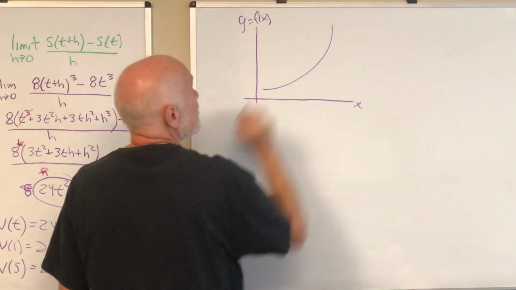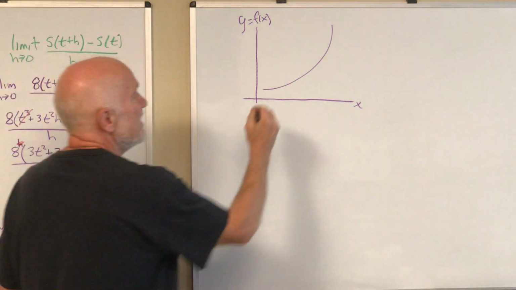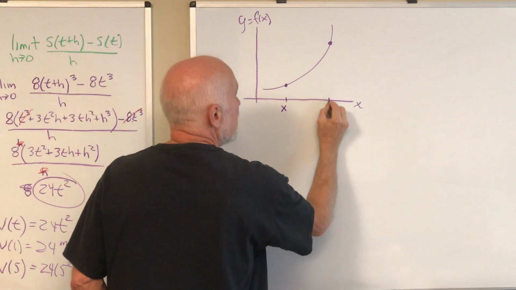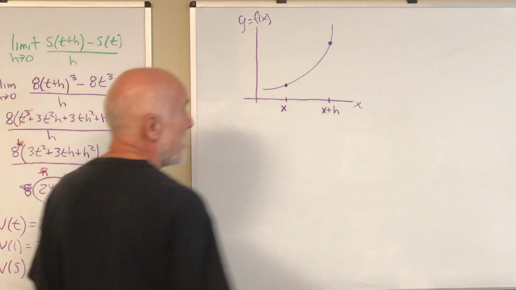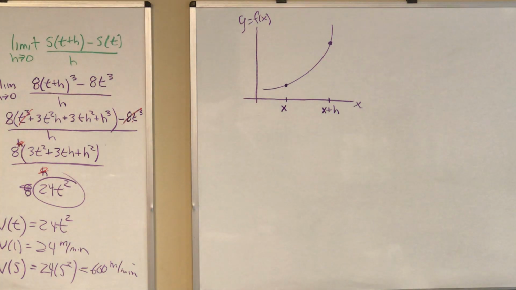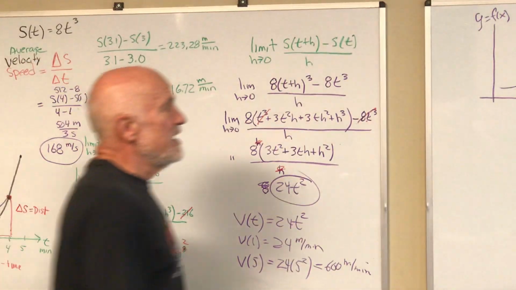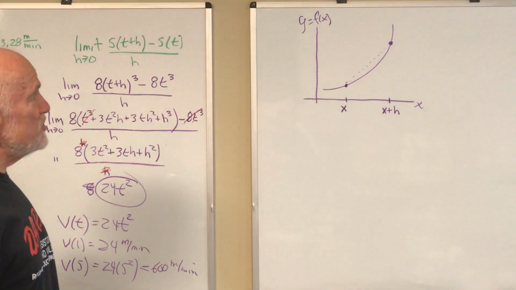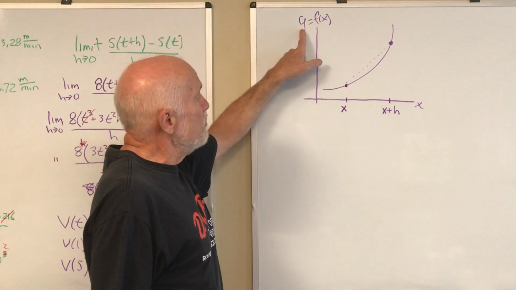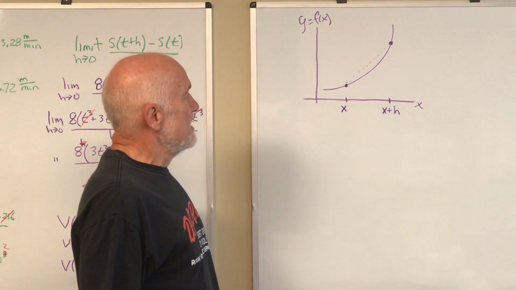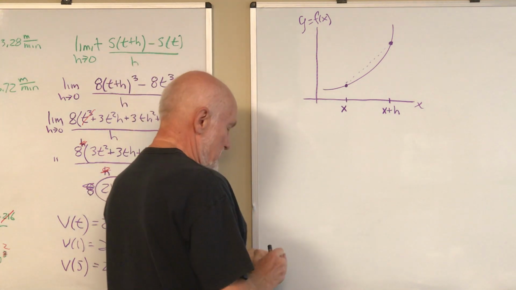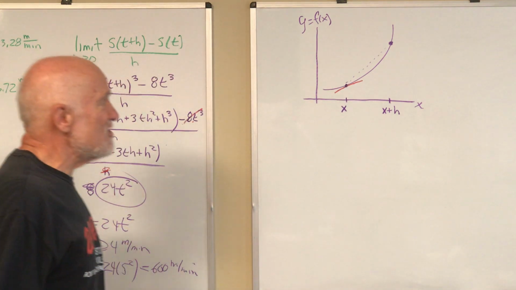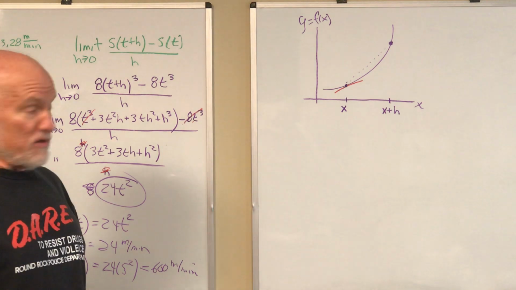But if I just have some function y is a function of x, if I were to call this point x, and this point over here x plus some amount h, the same h that we were talking about here, I could find that average rate of change of y with respect to x. But I could even do something more exciting. I could find the slope right at that point, the instantaneous rate of change of y with respect to x.